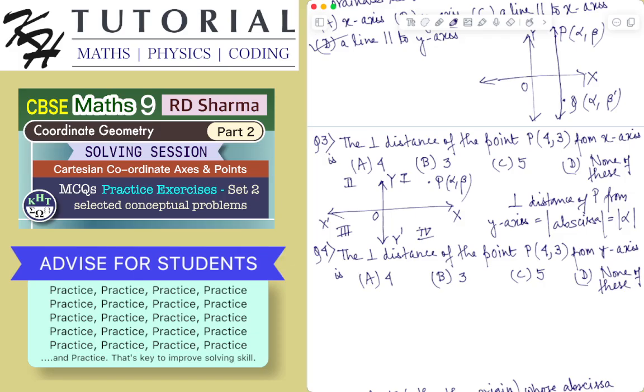What is modulus? Modulus means the numerical value or the absolute value of the abscissa. This is the mod operator to denote the numerical or absolute value of any number. Similarly, the perpendicular distance of this point from the x-axis will be modulus of ordinate. So I have to make out some space.